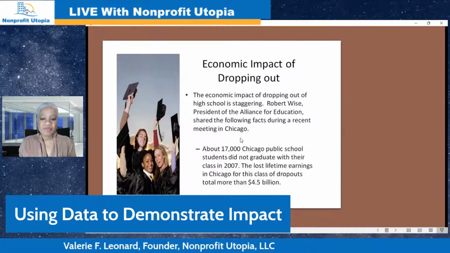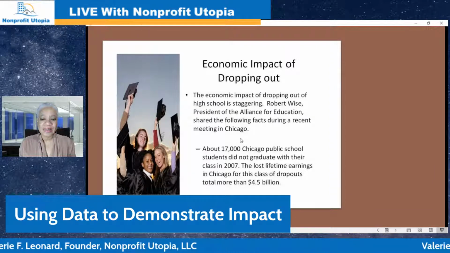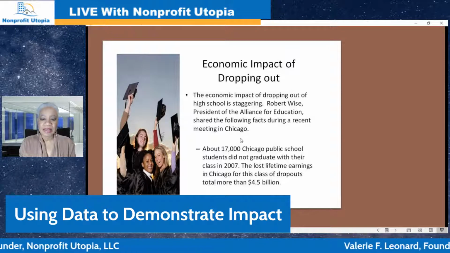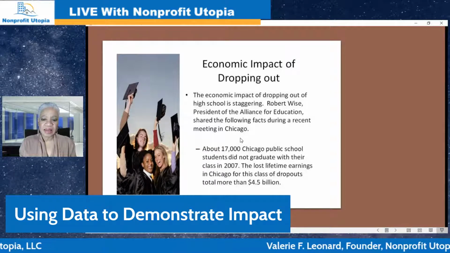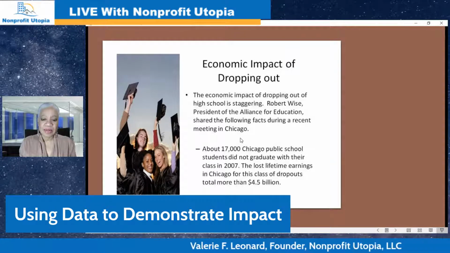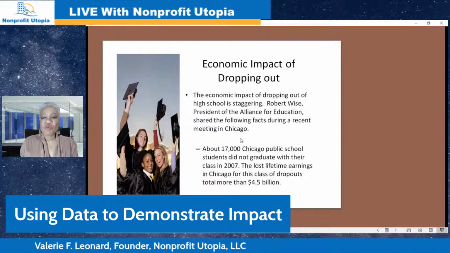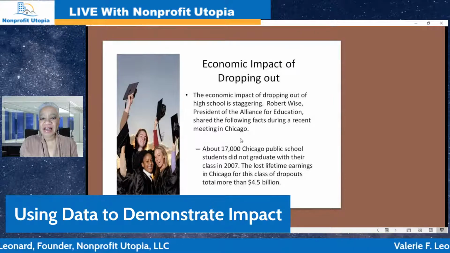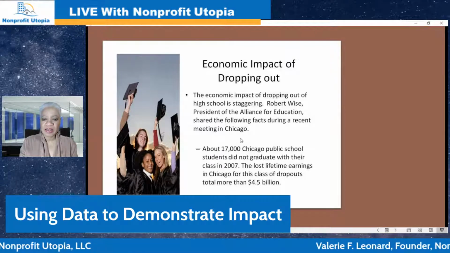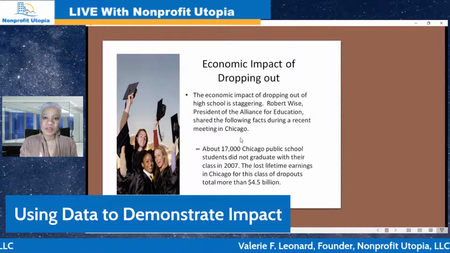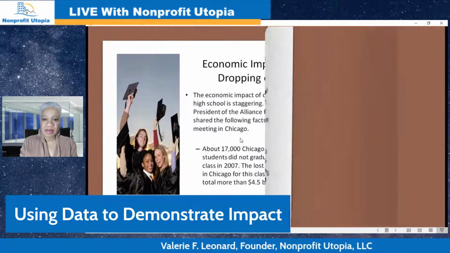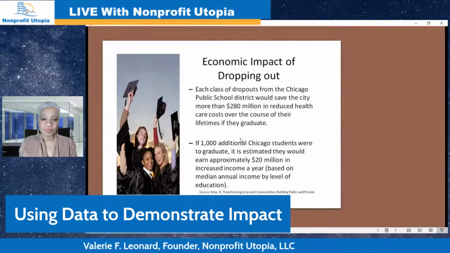About 17,000 public school students didn't graduate with their class in 2007. And the lost lifetime earnings in Chicago for this class of dropouts: $4.5 billion in lost income to a group of people just because they did not complete high school.